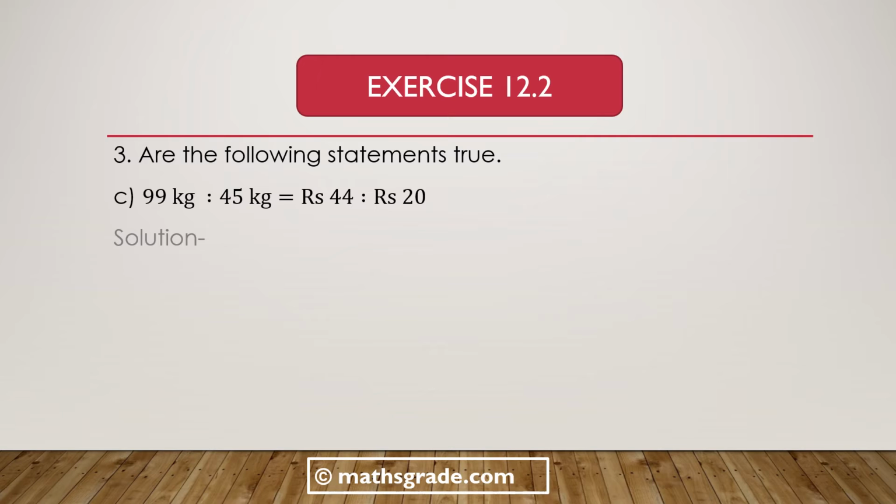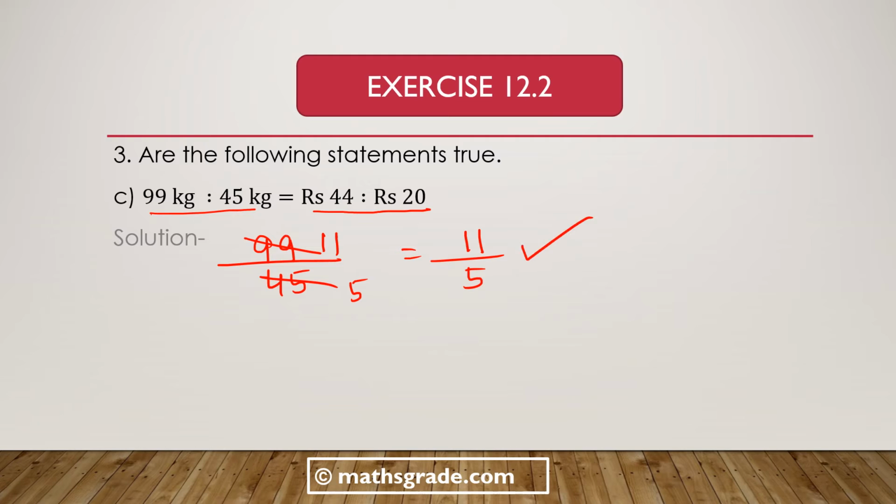Now third part C, 99 kg is to 45 kg is equal to 44 rupees is to 20 rupees. 99 divided by 45. Between 99 and 45, 9 is the common factor. So dividing 99 by 9 we get 11, and 45 divided by 9 is 5. 11 divided by 5. 44 rupees is to 20 rupees.